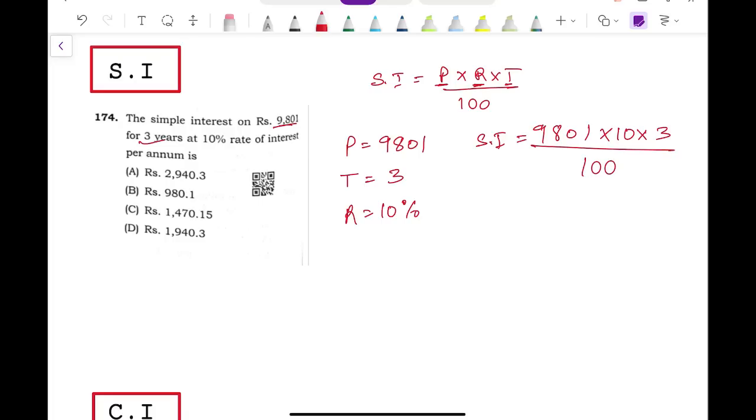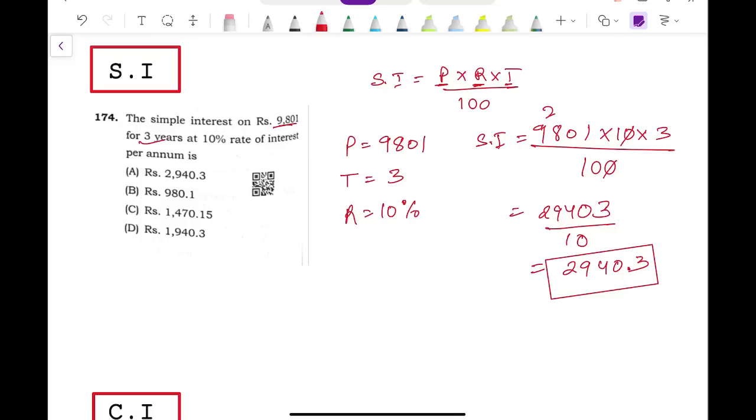So the 0s will cancel each other. 3 1s are 3, 3 8s are 24, 4 29, 3 9s are 27, 28, 29, divided by 10, which means 2940. There's 10 here, so I'll just put a decimal point here. So the answer here is this one, which is option number 1. So whenever you're asked to find simple interest, the formula is this one: simple interest is principal into rate into time divided by 100, okay?